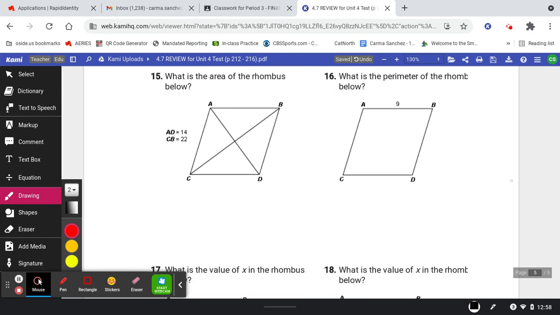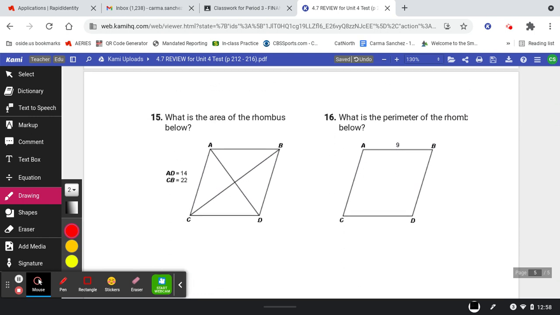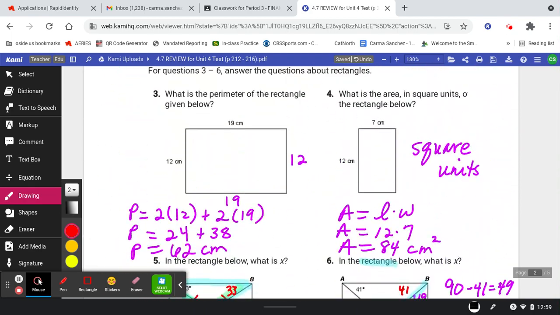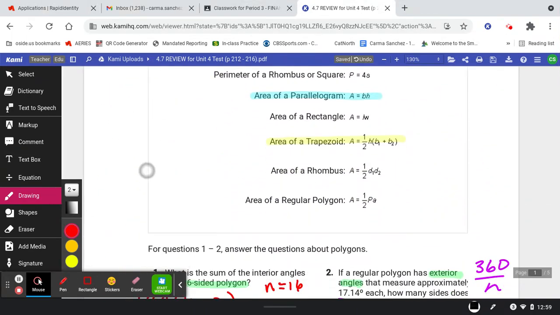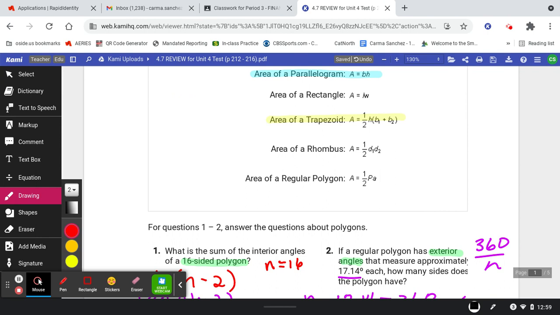All right, now we're talking about rhombi. What is the area of the rhombus below? And they told us that AD is equal to 14 and BC is equal to 22. So real quick, let's look up here at our formulas. Area of a rhombus.